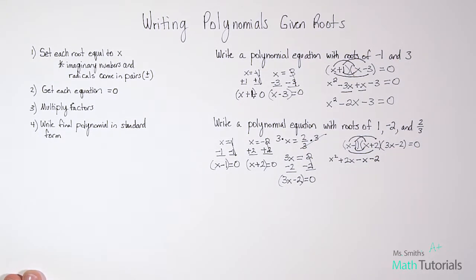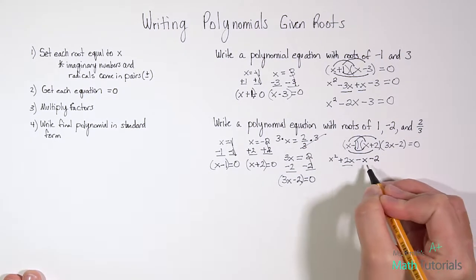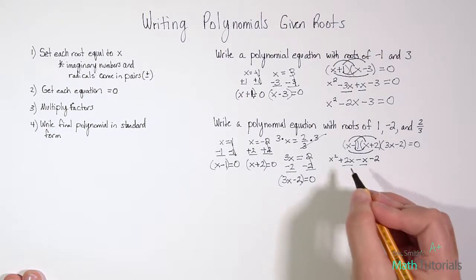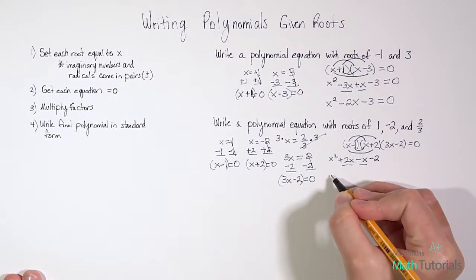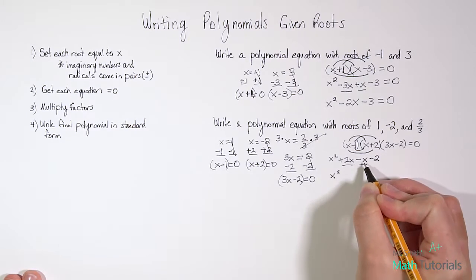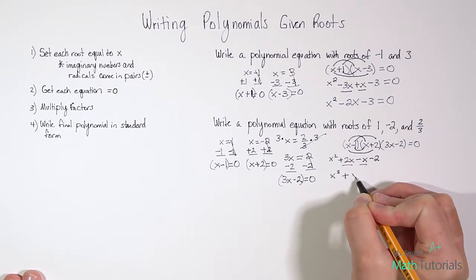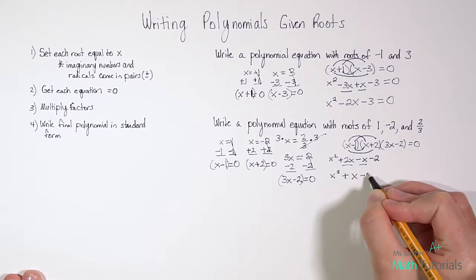Now, we do have some like terms here, so to save some headache, let's combine those 2 like terms before we multiply the third. It'll just save us some work in the long run. 2 minus 1, so we got x squared, and then 2 minus 1 is just 1, right? Just a positive 1x. And then we have our minus 2.